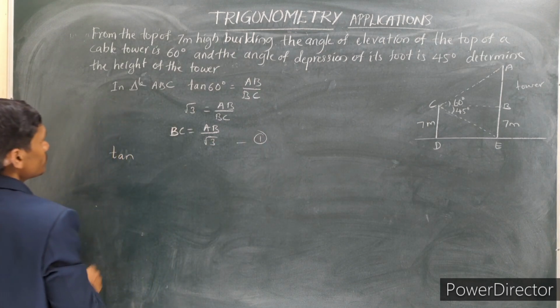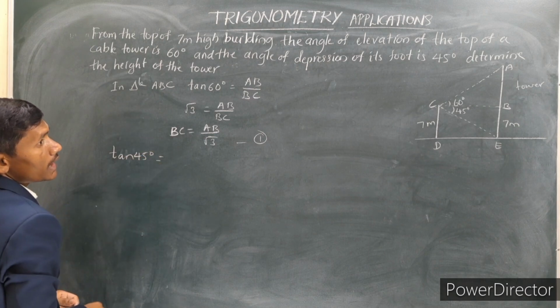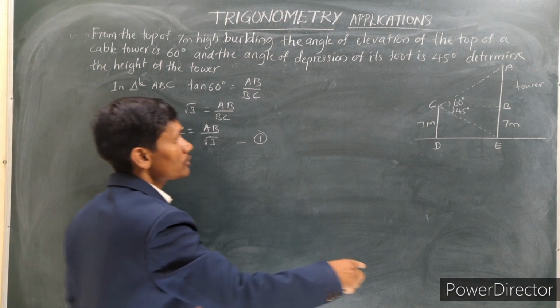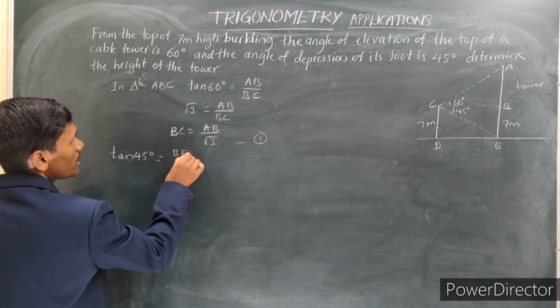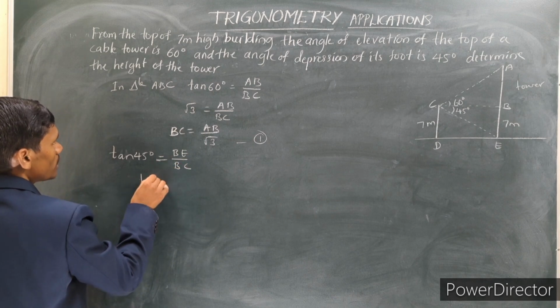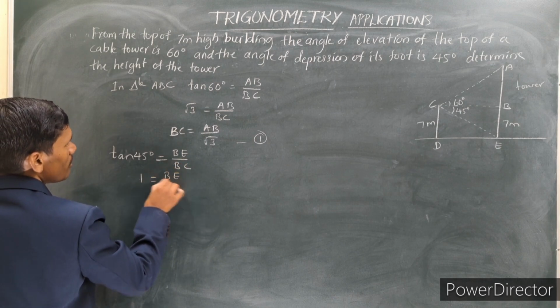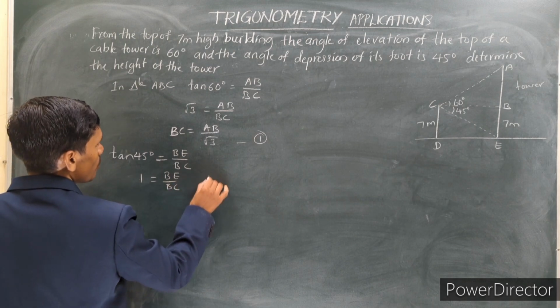Okay. Now, tan 45 degree you take. Next one, angle of depression. Opposite is BE, right? BE upon BC. Tan 45 is 1. So 1 is equal to BE upon BC. You take BC this side. What happens?